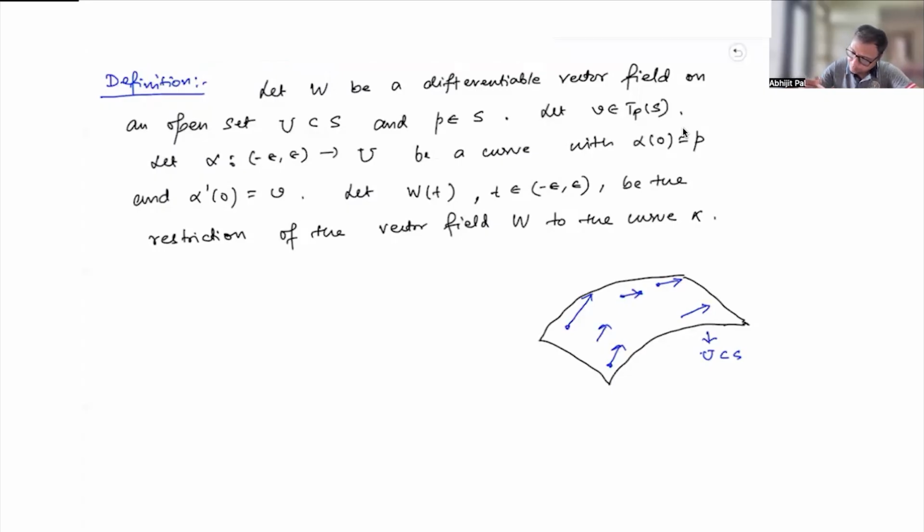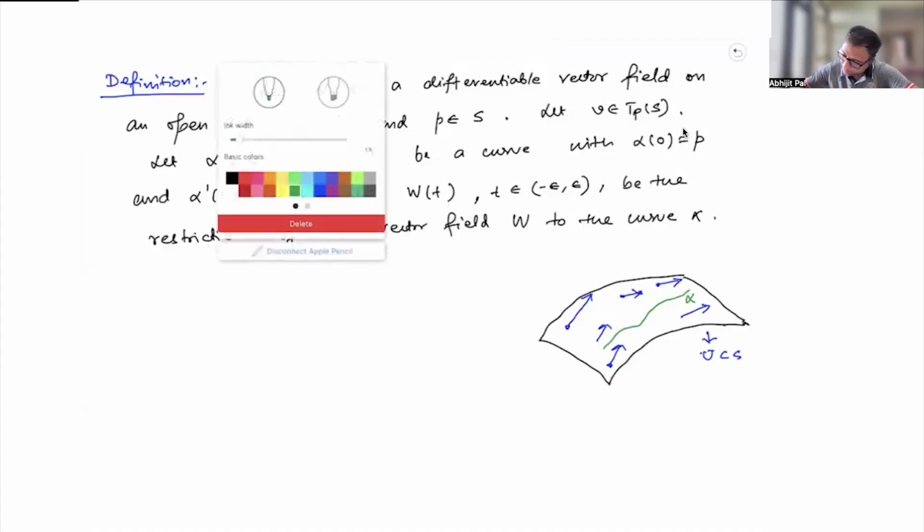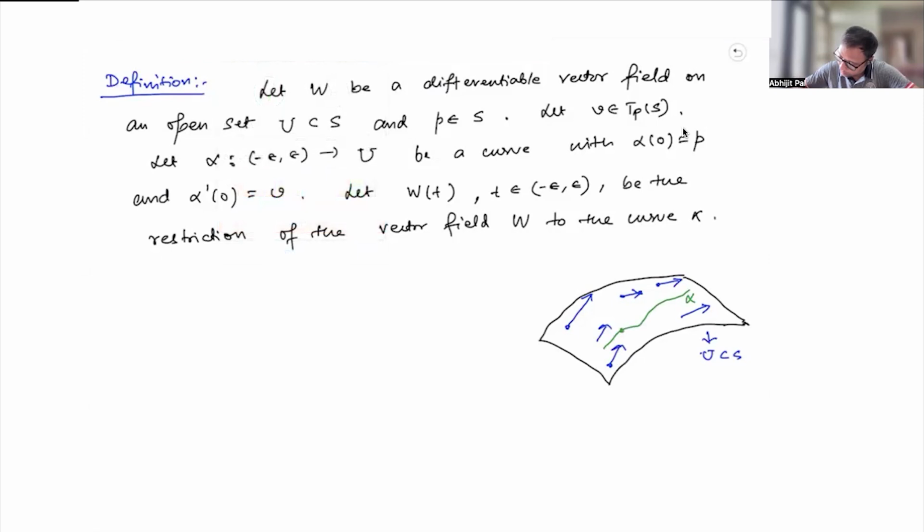Now, let us take a curve alpha, and for each point of this curve alpha, I have these vectors.